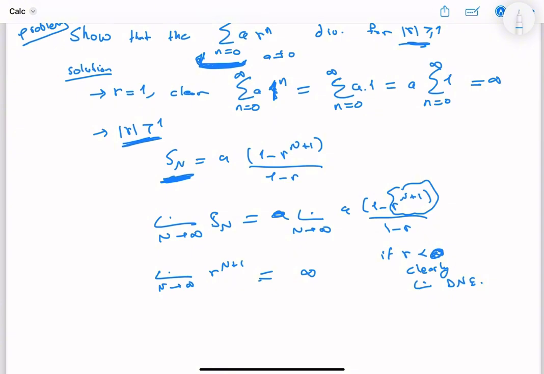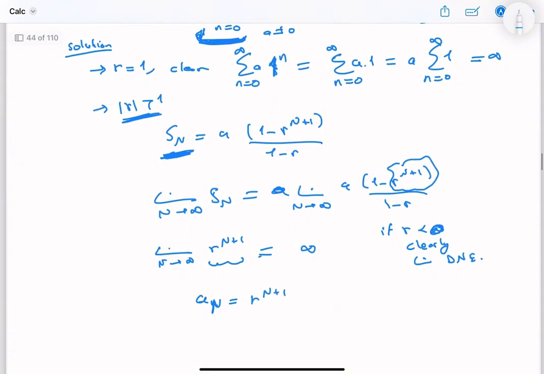Now if r is positive and strictly bigger than 1, then the limit is going to be infinity. I'm going to leave it as an exercise for you, but as a small hint, this is going to be an increasing sequence. So let me just use big N: a_n equals r to the n plus 1, right?